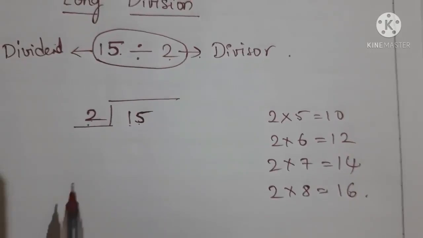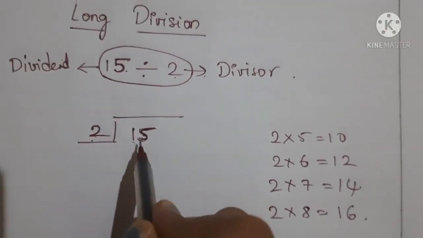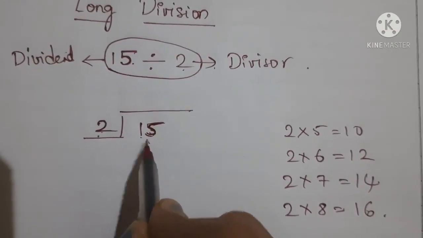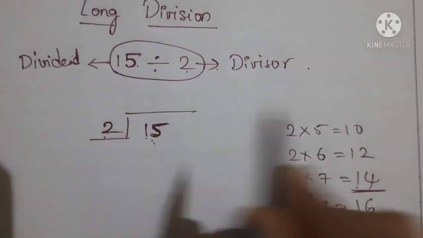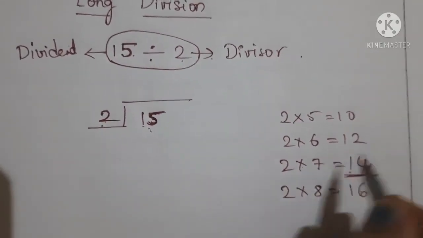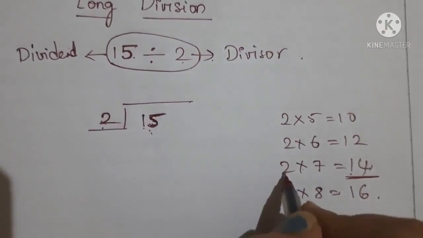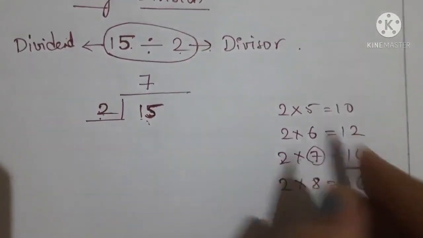No, we don't see 15 here. So we have to select a number which is less than 15. Which is less than 15? Here 14 is less than 15. So 2 times 7 is 14.